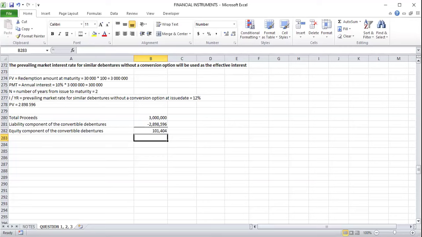If it's sorted, you can just quickly do it. You start with your 3 million, that's your FV, 300,000 is your PMT, 2 is your N, then 12 is your I, then you get your PV. Okay, thank you. It's sorted.